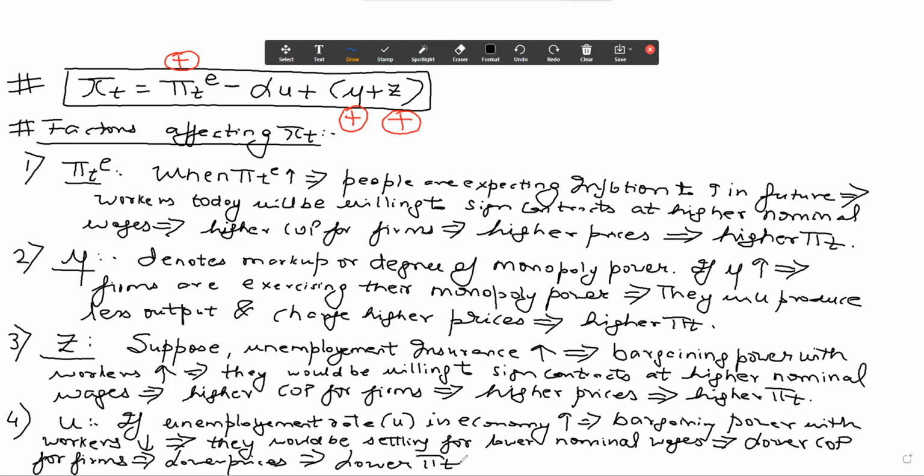So I can say that higher the unemployment rate, lower the inflation. So the unemployment rate and inflation share a negative relationship. So I can say, therefore, pi t and u share a negative relationship.